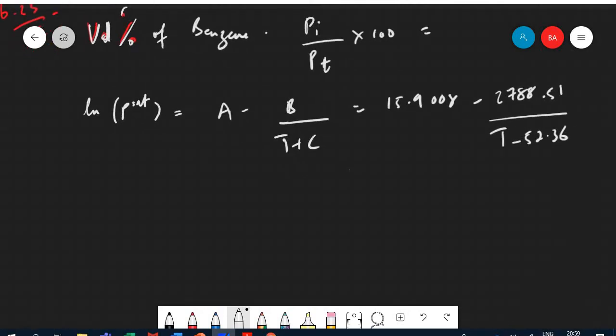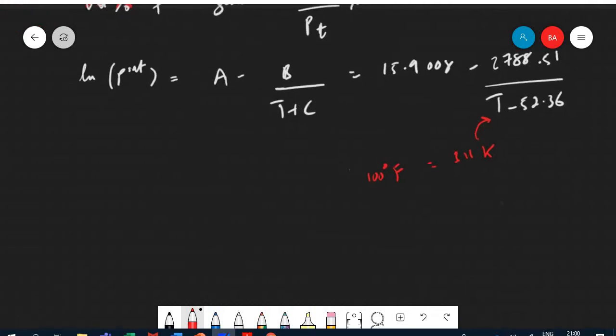I have T as 100 degrees Fahrenheit, and I just need to put the right units here, which is 311 Kelvin, about 300 Kelvin.